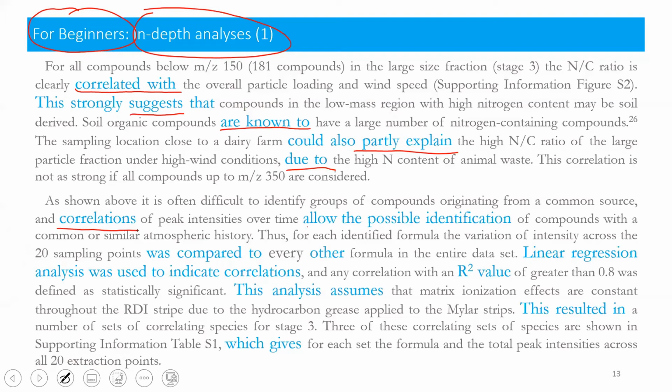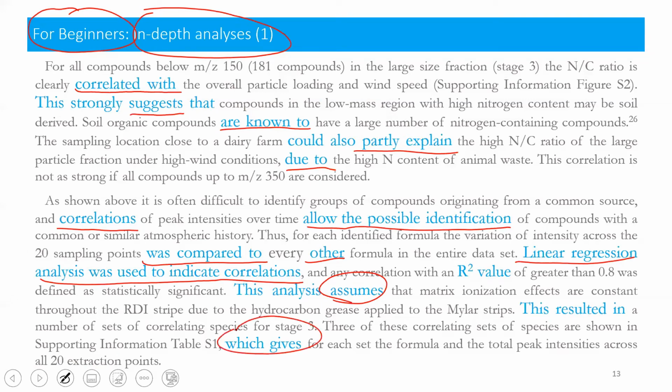Then you can allow the possible identification of something, then something was compared to the others. This analysis assumes, because it's a further analysis, there must be some assumption which gives some results. This results in something. So you do not stop at what you collected. You must use those data for knowledge.